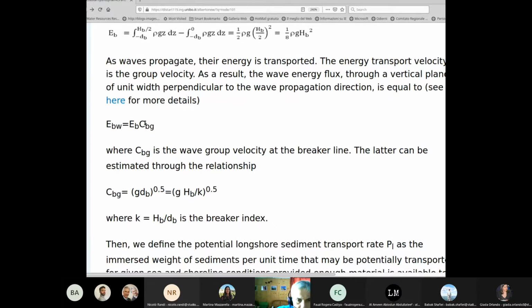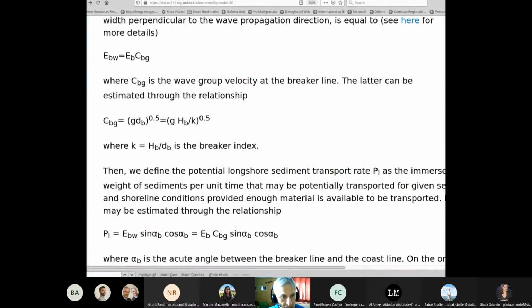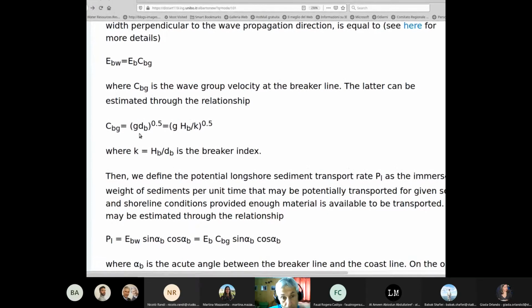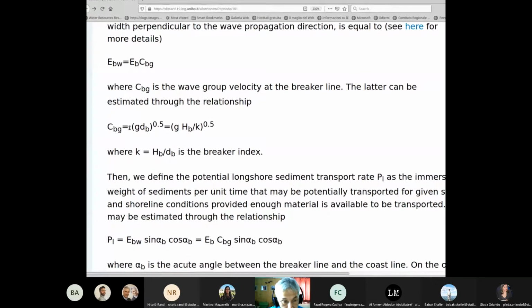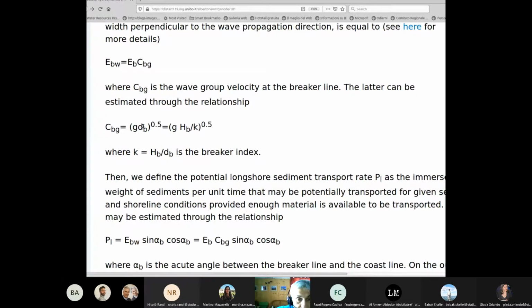The group velocity, we said that it can be estimated through this relationship that you can see here, which is basically the product of g, gravity, and dB, to the power of 0.5, so it's the square root. dB is sea depth, so it's the depth of the sea bottom with respect to the mean sea level.